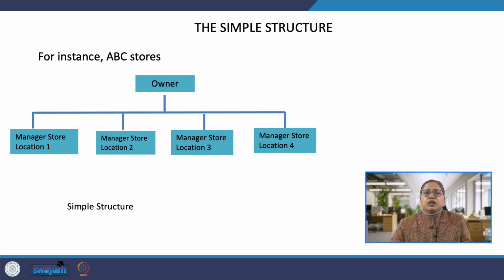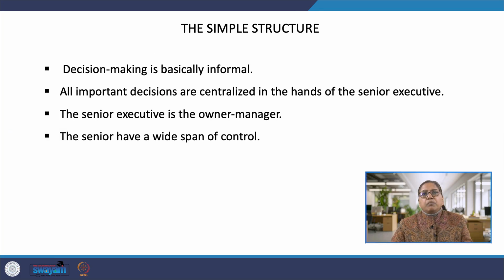For example, in any store, there is an owner and there are several stores located in different locations. All that is managed by the owner. It illustrates an application of a simple structure where the hypothetical organization, say ABC, a retail store, has a flat organizational structure.